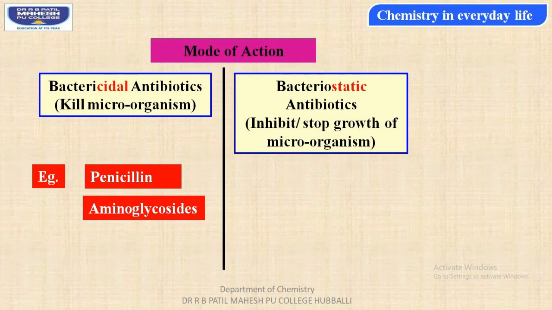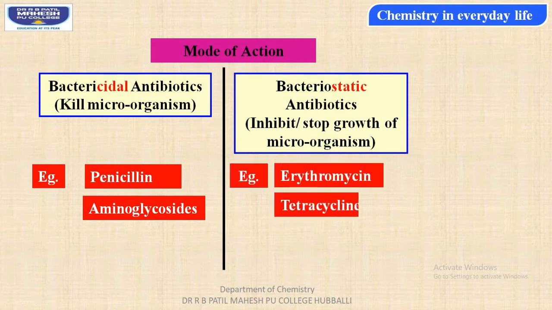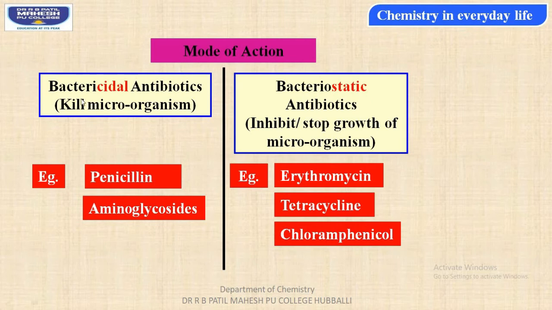In this case we have the examples erythromycin, tetracycline and chloramphenicol. Thus, if the suffix is cidal, then it kills the microorganism. And students, if it is bacteriostatic, the suffix is static, meaning stationary. In this case, the growth of microorganisms is completely stopped or inhibited.